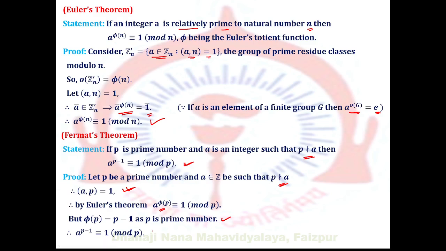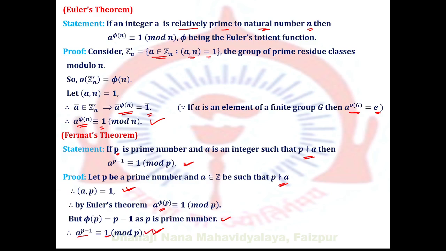So this is Fermat's theorem. So these two theorems are important. In Euler's theorem we have seen a raised to phi n is congruent to 1 modulo n whenever GCD of a and n is equal to 1. Note that here n may not be prime number. Here n is any natural number. But in Fermat's theorem, p is prime number. Then in that case we have a raised to p minus 1 is congruent to 1 modulo p.